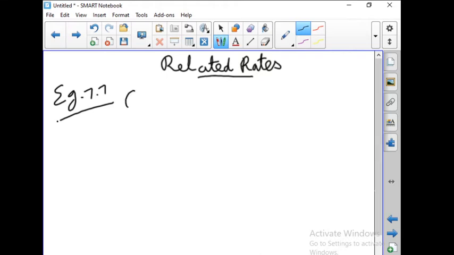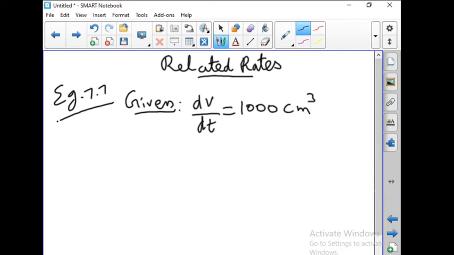So, what is given here? The rate of change of volume, dV by dt, is given as 1000 centimeter cube per second, and the radius r is equal to 7 centimeter.